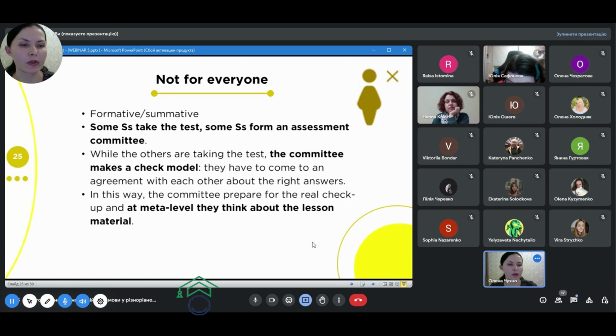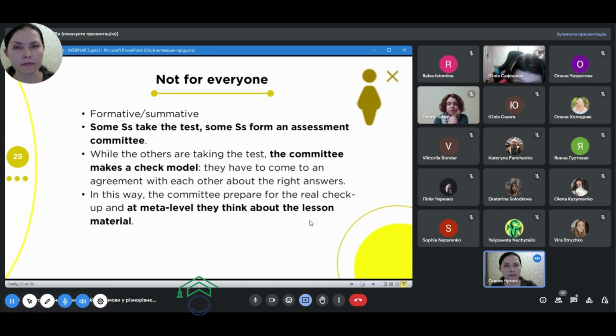So basically, they prepare the keys to the test. So they discuss the answers in the group, they agree on the correct answers, and then they check the other group's works. It helps them to revise all the material, and it actually develops their metacognitive skills.